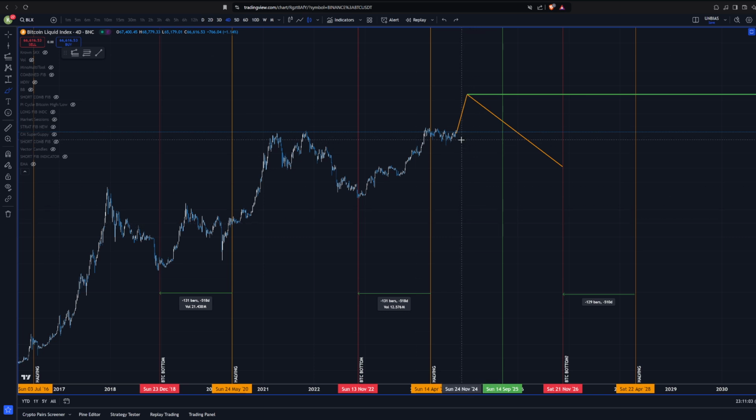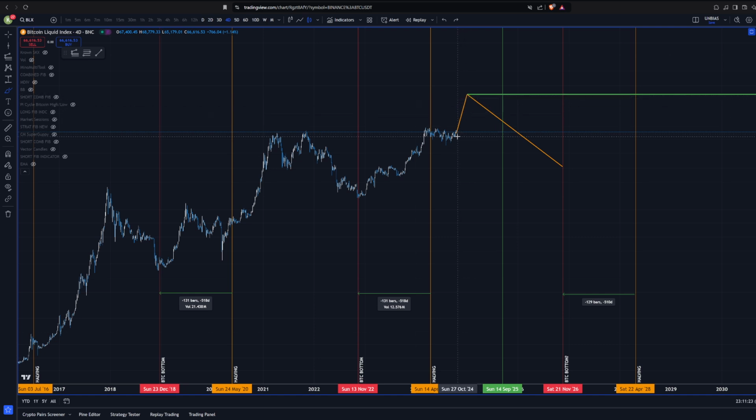But as it stands at the moment, should we see the price break above the 74,000 current all-time high and start to put in a parabolic move, then we can anticipate that potentially it might be the move to 150.